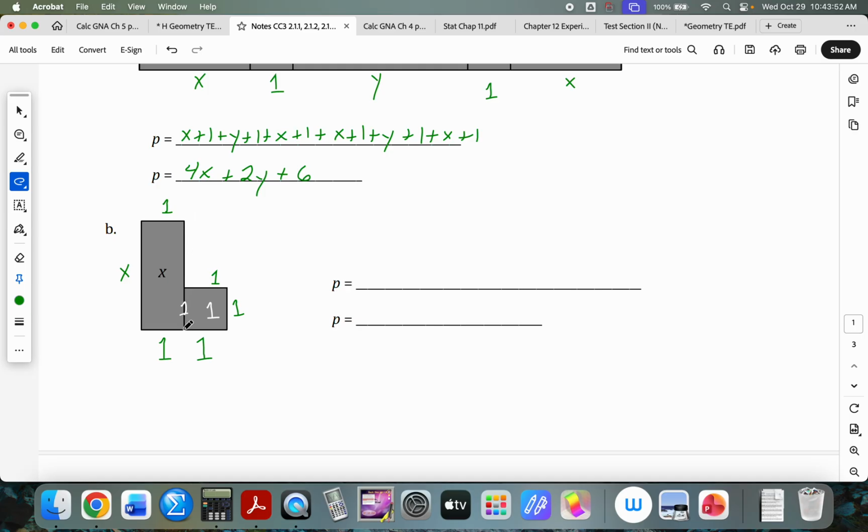Now this whole length was x, but we're missing this piece of it down here that is 1, so this length is x minus 1. So again, if I start in the top left-hand corner, I'm going to have 1 plus x minus 1 plus 1 plus 1 plus 1, 1, 2, 3, plus another 1 plus x.